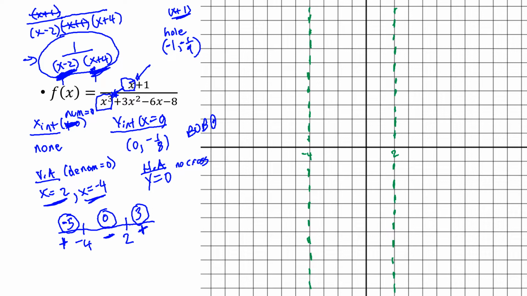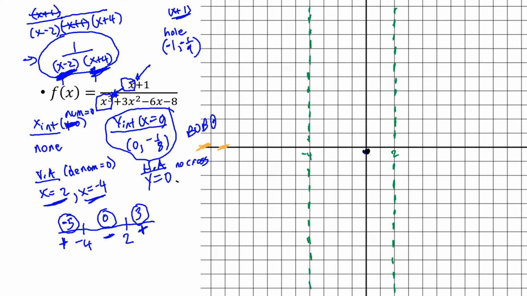We also said that we have a y-intercept at 0, -1/8. So that point would be down here if we graphed it. We also said that we would have a horizontal asymptote at y equals 0.